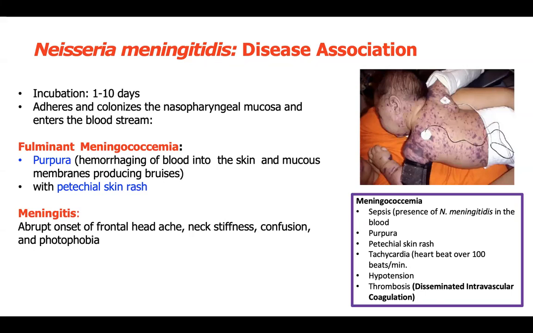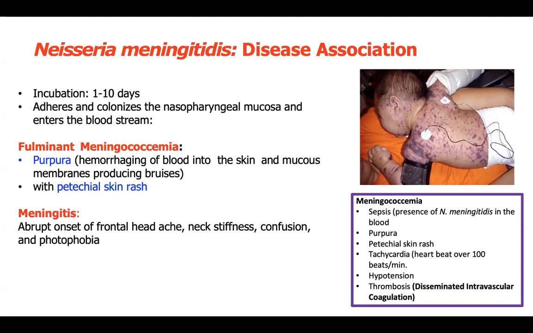Okay? So, fulminant or severe form of meningococcemia is characterized by the presence of purpura. Nag-hemorrhage. Nagli-leak yung kanyang mga blood vessels into the skin and mucous membrane, producing yung akala mo ay bruises. Hindi naman talaga bruises. Those are actually the effect of your bleeding blood vessels.